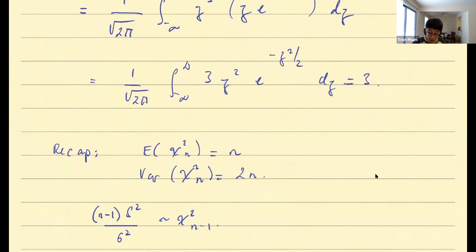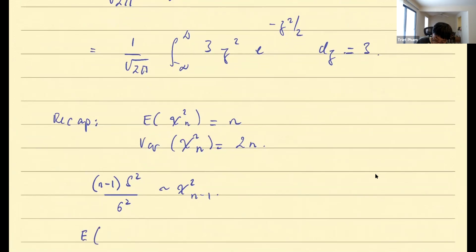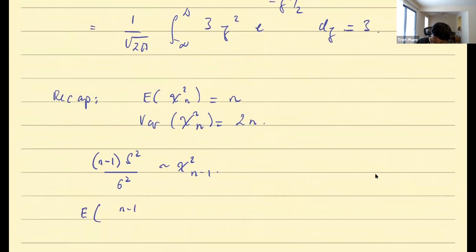For example, if you take expectation here, then you can also take expectation here, and they're equal. Variance equals variance. Probability equals probability. CDF equals CDF, all right? That kind of thing. So obviously, we utilize both sides and we say that the expectation of this must be n minus 1.